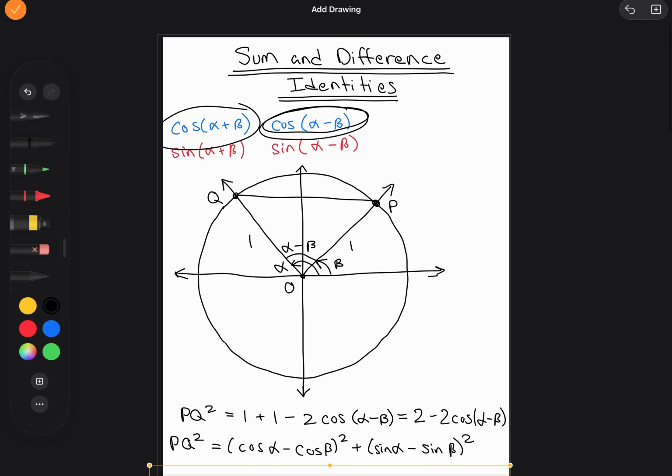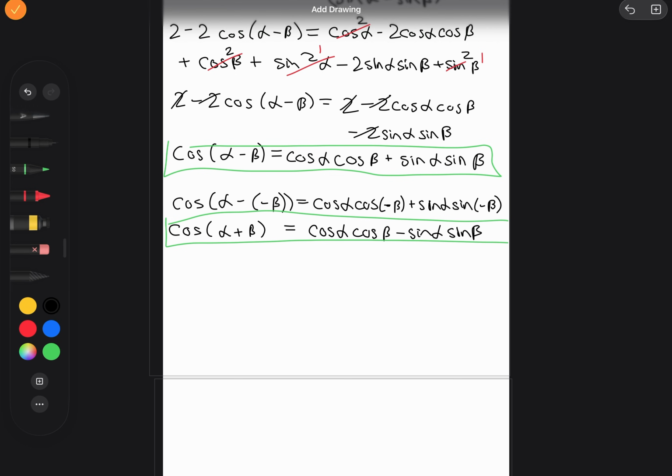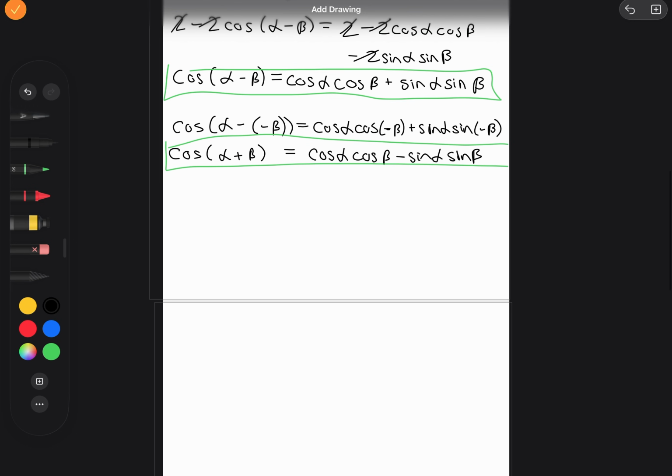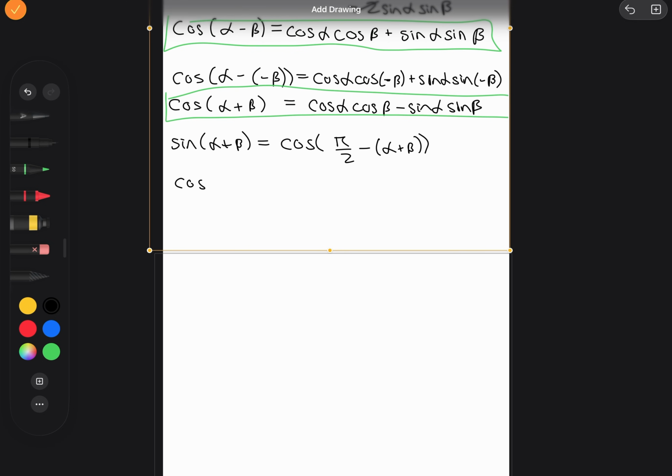Now what we're going to do is derive sine alpha plus beta. So a pretty nice way of doing this is starting with sine alpha plus beta. And now we can use our reduction formula to change this into cosine pi over 2, or 90 degrees, minus alpha plus beta. So one of the reduction formulas is basically cosine 90 degrees minus alpha is just equal to sine alpha. And that's what I did in this case, except alpha is alpha plus beta.